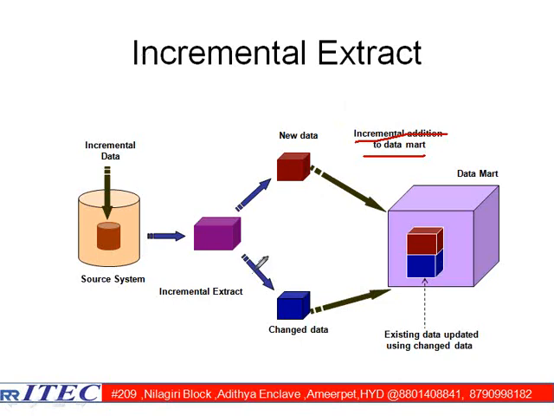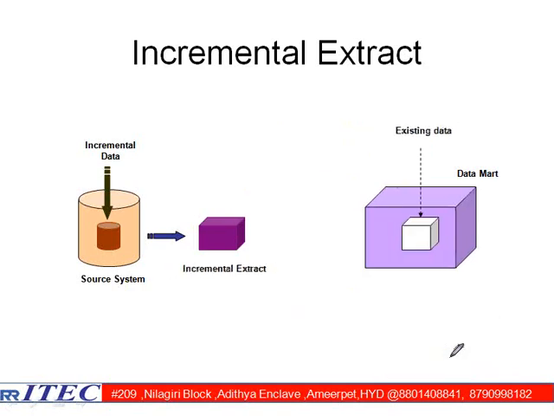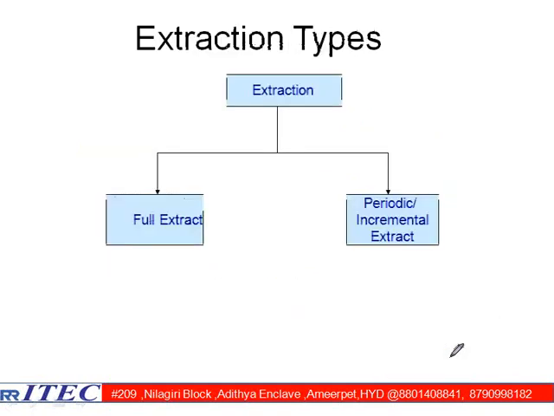Next one, I hope you understand this word also, right? Existing data is updated using what, sir? Using changed data. So now tell me, how many types of extracts are there? Two types. One is called full extract, second is called incremental extract.